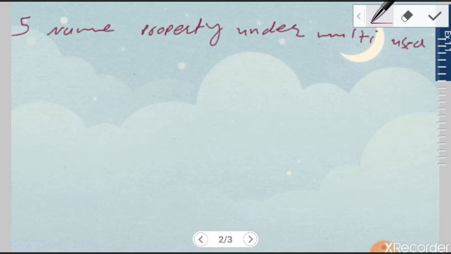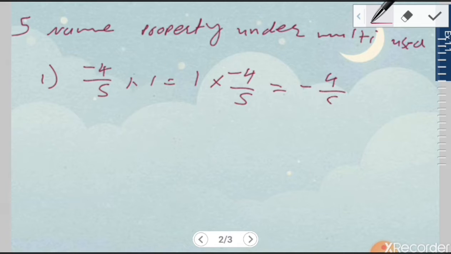Okay, next one. In the first question, minus 4 upon 5 into 1 is equal to 1 into minus 4 upon 5, and finally we have got minus 4 upon 5 in the question.